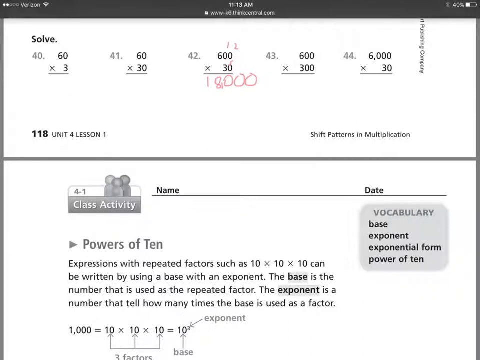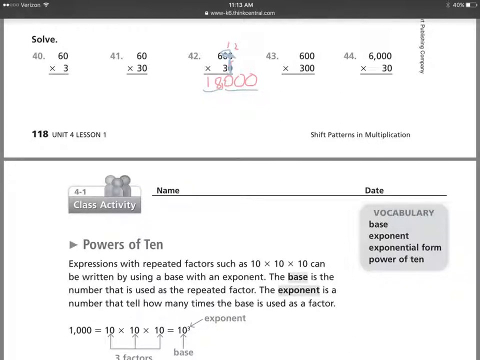It is allowed to kind of exclude these zeros or cross them off or not use them. Multiply your whole numbers, get 18, and then replace or return these 3 zeros to your product. Product, remember, is another word for answer to a multiplication problem only.